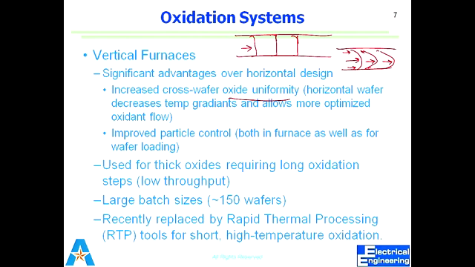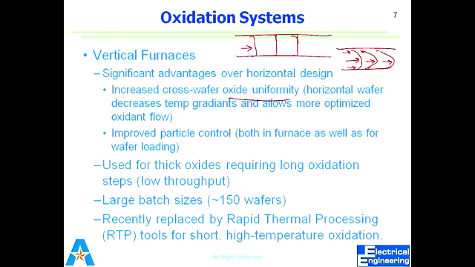For a thick layer, you need to put it inside a furnace for a greater period of time. When you're putting it inside the furnace for a greater period, your throughput is actually going down. So in order to increase the throughput, the vertical furnaces are always processed in the form of large batches, maybe more than 150 or 200 wafers at one time.